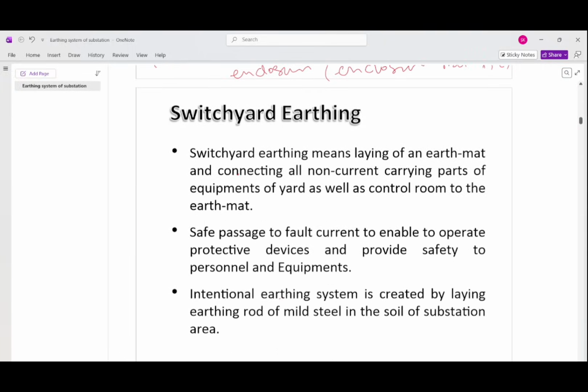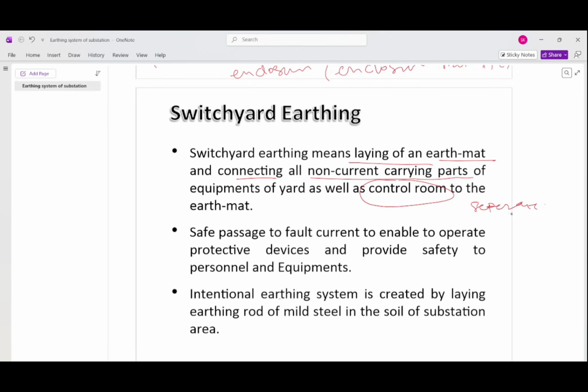Switchyard earthing, we will discuss some points. Switchyard earthing means laying of the earth mat and connecting all non-current carrying parts of the equipment of the yard as well as the control room. In the control room, separate earthing is required.